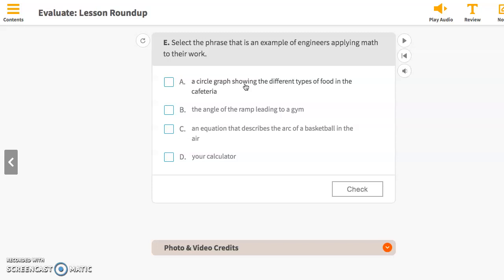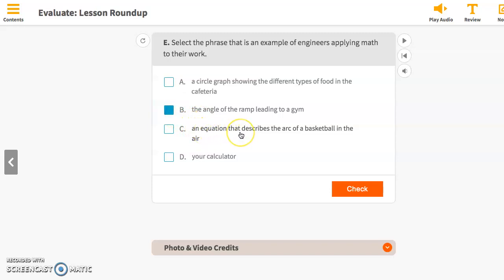Is that solving a problem, though? No, it's just telling you the food that's in a cafeteria. The angle of a ramp leading to a gym. Yes, because you need a ramp and you need to make sure that angle is not too hard so that someone who has a wheelchair has to be able to get to the gym. So the angle of the ramp leading to a gym, yes.